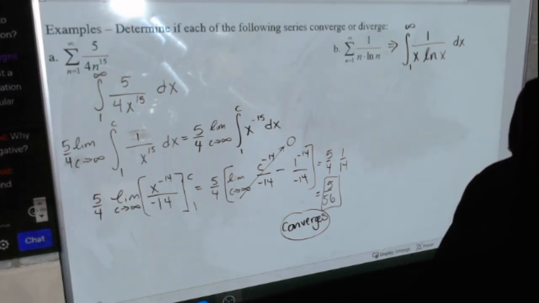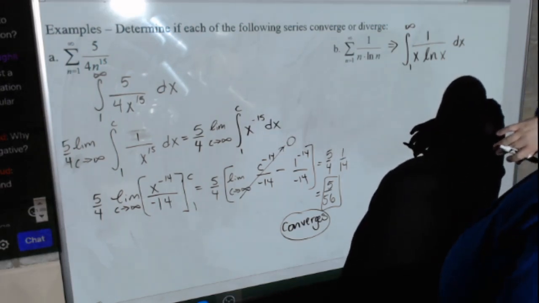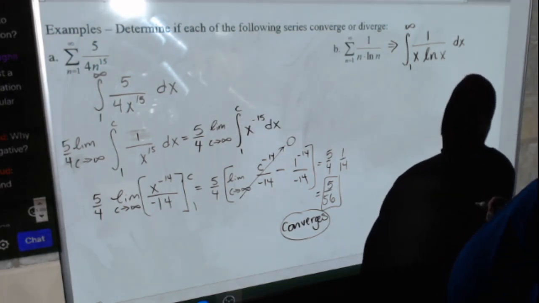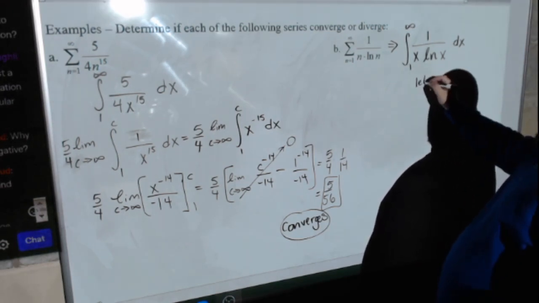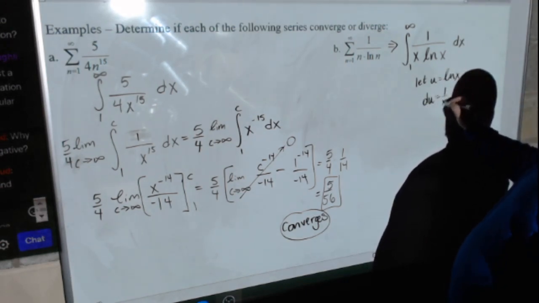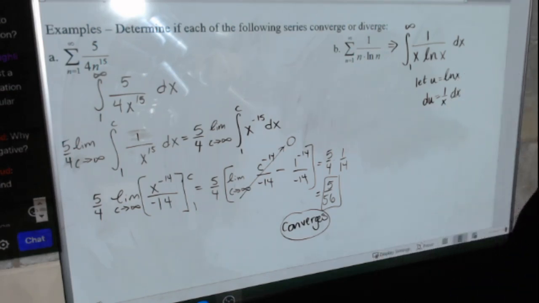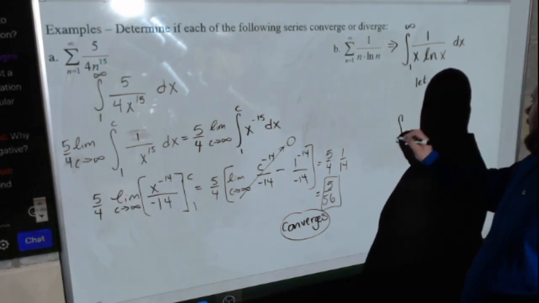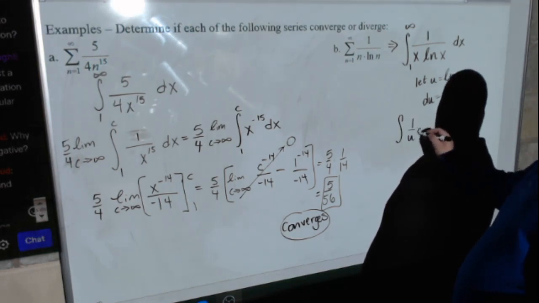All right. So I want to do this integral. I said I'm going to refrain from writing it improper or with the limit out in front. So I'm going to let u equal natural log of x. Du then is naturally 1 over x dx. So this integral then is now 1 over u du.